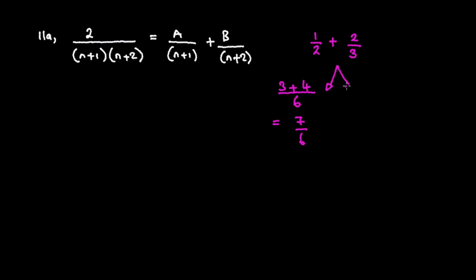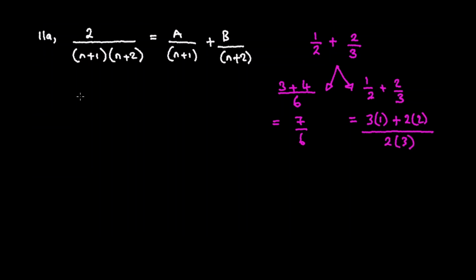Another way of going about it, which is the principle we apply here: we take 1/2 plus 2/3. This is equal to 3 times 1 plus 2 times 2, all over 2 times 3.